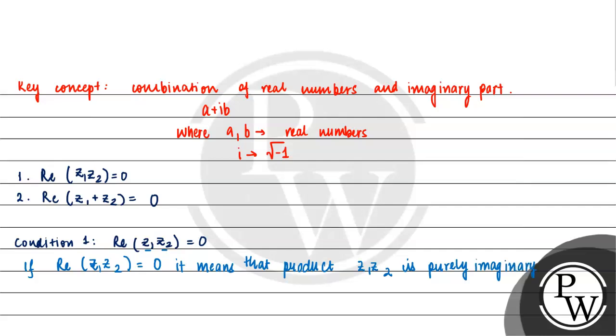Now we let z1 is equal to x1 plus iota y1 and z2 as x2 plus iota y2.